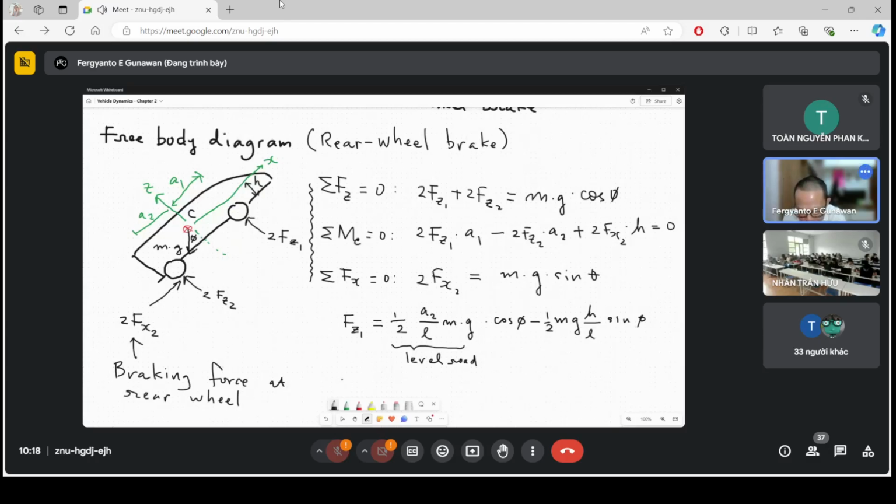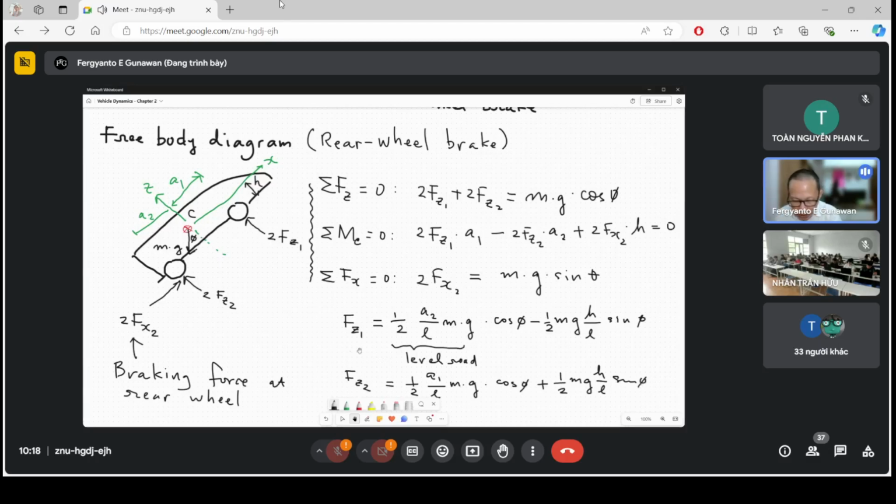And so Fz2 is equal to half of a1 divided by L, m g times, sorry, I made a mistake here, cosine phi plus half of m g h divided by L, sine phi, right?